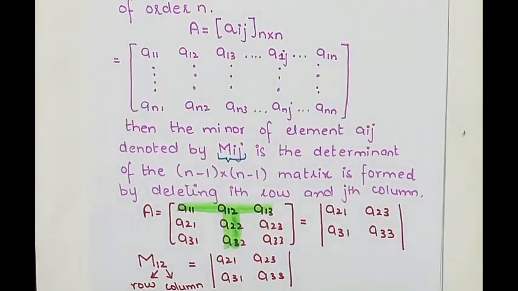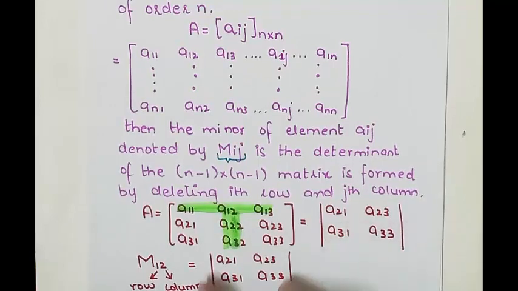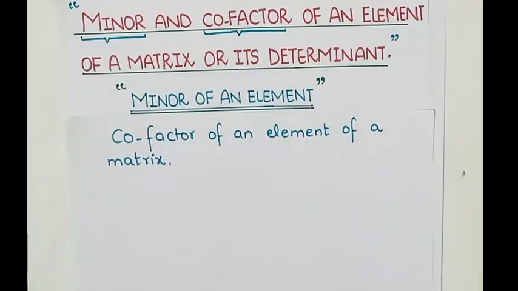So in this way we have found the minor. Simply the concept is, if we have to find the minor represented as M12, it means we will remove the first row and second column, and the remaining we will write in determinant form, and this is the minor.